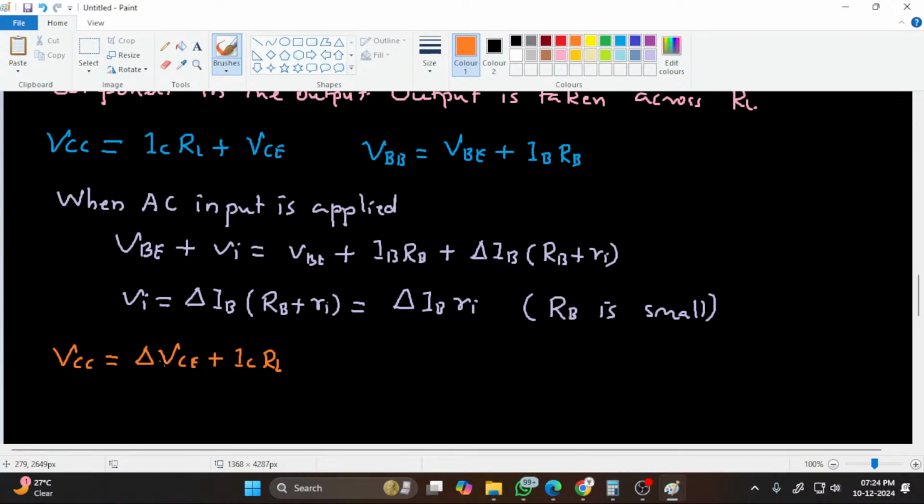So we can write change in VCC, that is delta VCC is delta VCE plus ICRL, and that is equal to 0. So we can write delta VCE, that is the output voltage, is equal to minus IC into RL.